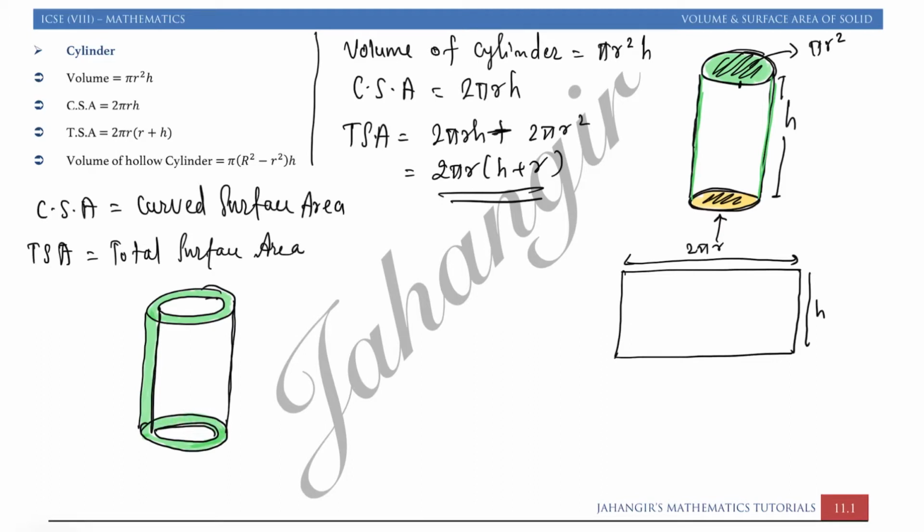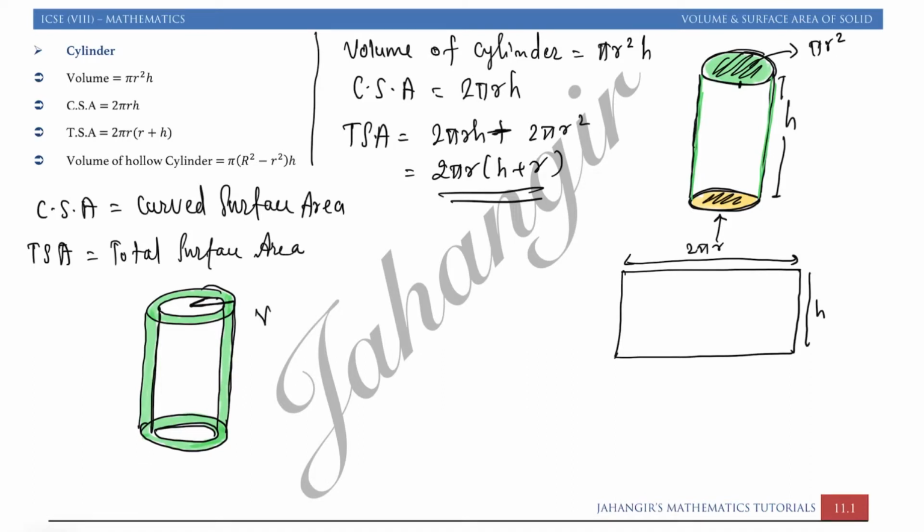See, the one which I have shaded is the material. The green one is made up of material. That inside part is empty. So this is the inside radius and this is the outside radius.